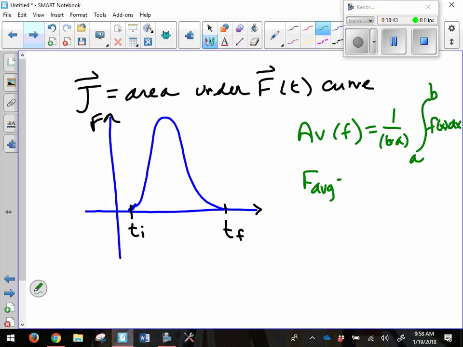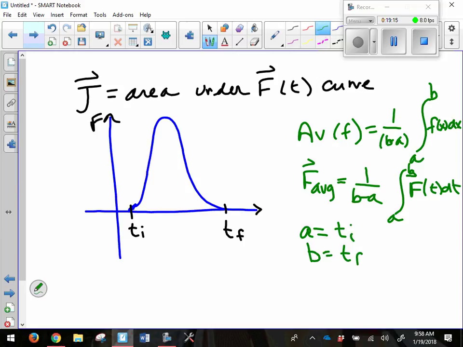I write it like that. And I'm going to change this other f to a capital F. And actually, I'm going to make these all vectors. And I'm going to change them to dt because that was the variable I was integrating over when I was doing my specific problem. Okay. And then what's little a equal to? t_i, and b would be t_f.